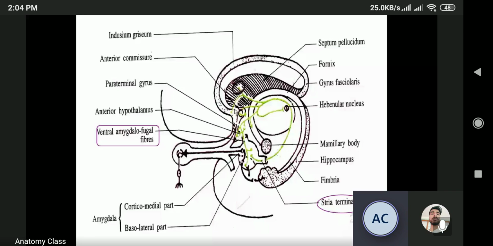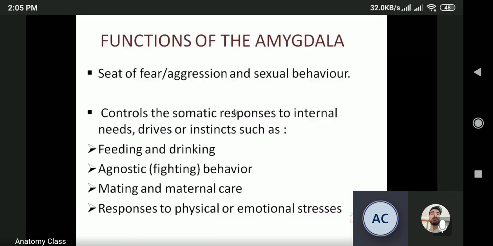Then, talking about the function of the amygdala, it is considered to be the seat of fear, aggression, and even sexual behavior. For example, some people faint at the sight of blood, which is considered blood trauma phobia. And some may have experience of post-traumatic stress disorder, like the army personnel who have encountered horrific scenarios during war.